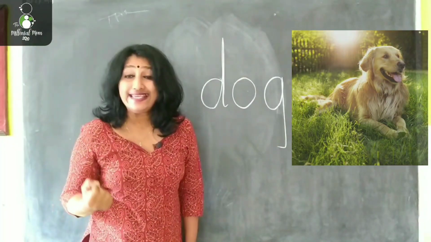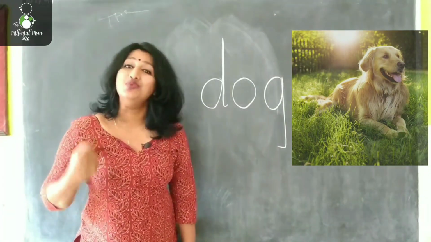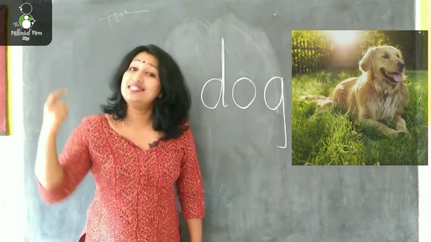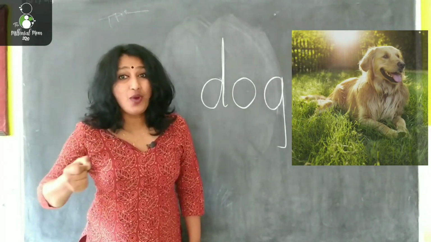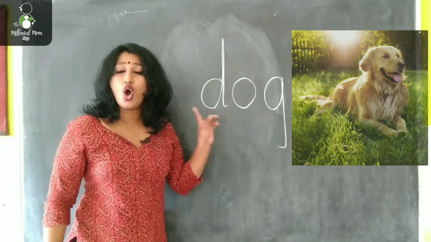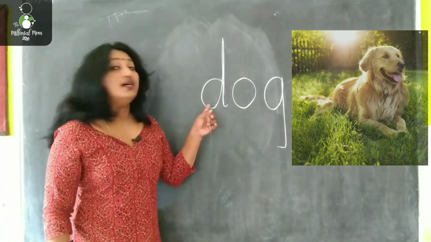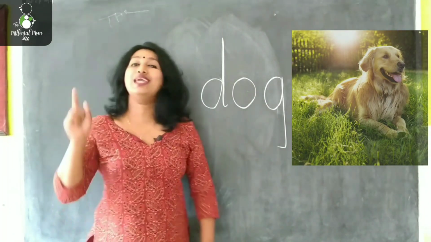See how easy it is to write words, how easy it is to read words. Just say the word slowly. Look out for the different sounds in the word and build the word. See? So easy. Dog. Okay, now the next one.